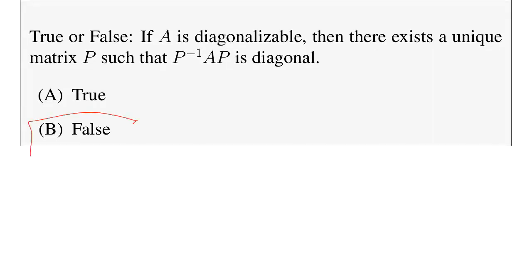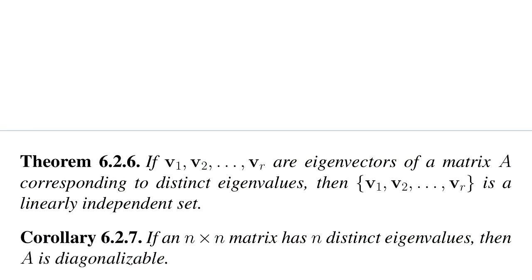So the answer is false. The proof of the second half of the previous theorem does give us essentially an algorithm for diagonalizing a matrix. You just find the eigenvectors and use them as the columns of your matrix, but it's not unique. And it doesn't need to be unique. We don't care. But it's definitely not unique.